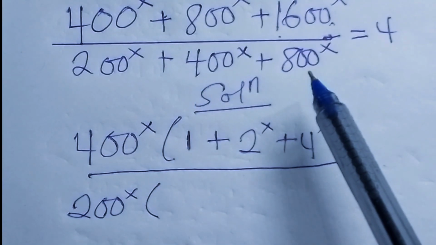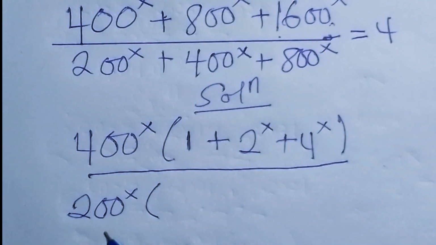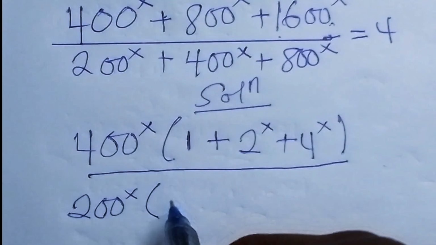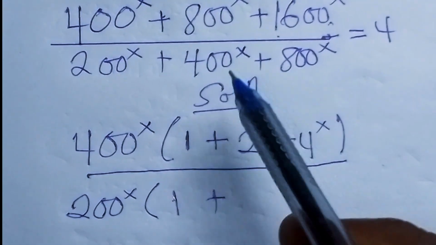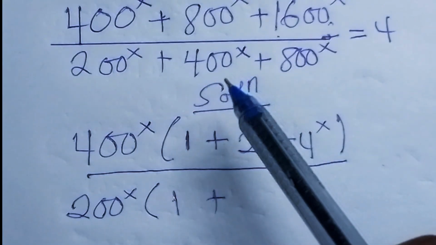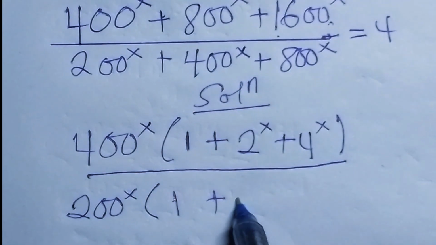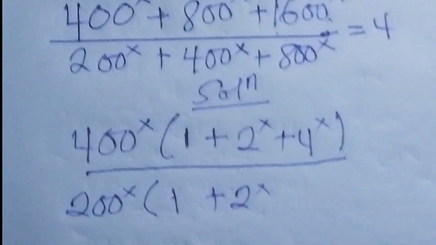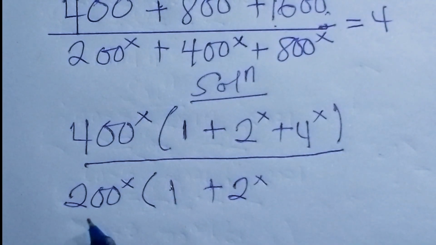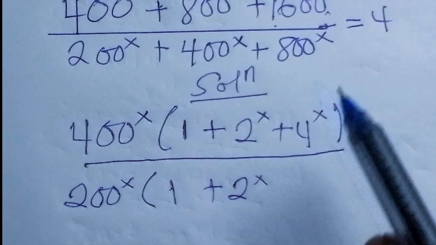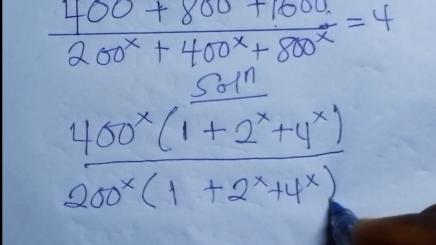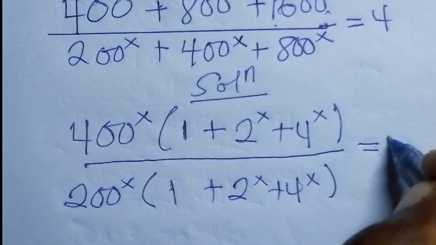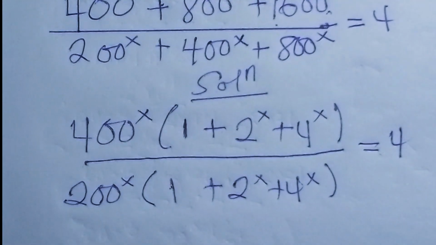So 200 goes through itself 1 time, plus 200 goes through 400 2 times, so we have 2^x. Then 200 can also go through 800 4 times, so we have 4^x, all is equal to 4.